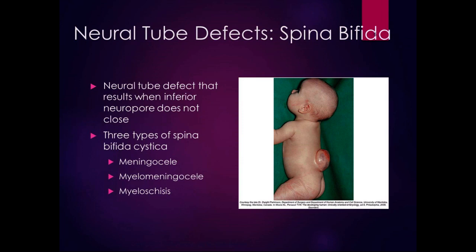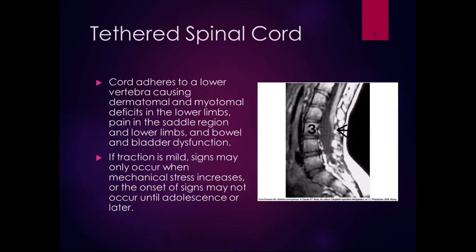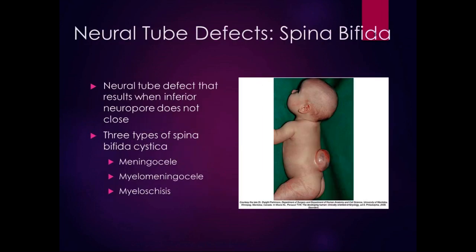The next neural tube defect is spina bifida, which is a defect that results when the inferior neuropore does not close. So there are three different types. Basically, in level of severity, meningocele, myelomeningocele, and myeloschisis. I didn't list those on here.